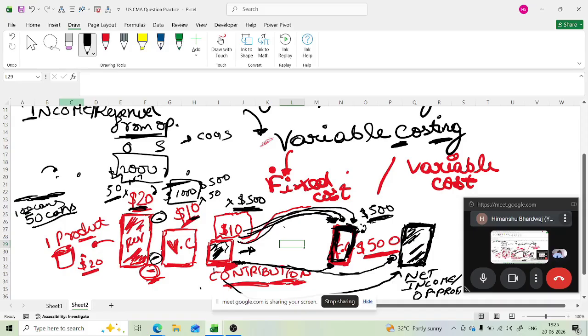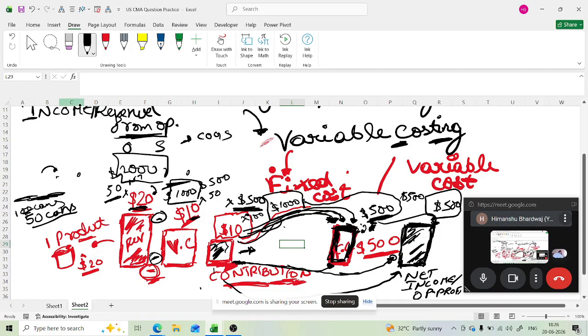So let's say it is $10. If I multiply it by 100 cans, it will become $1,000 of contribution. The first $500 will get absorbed by fixed cost, and the remaining $500 will be considered as my net income and operating profit.